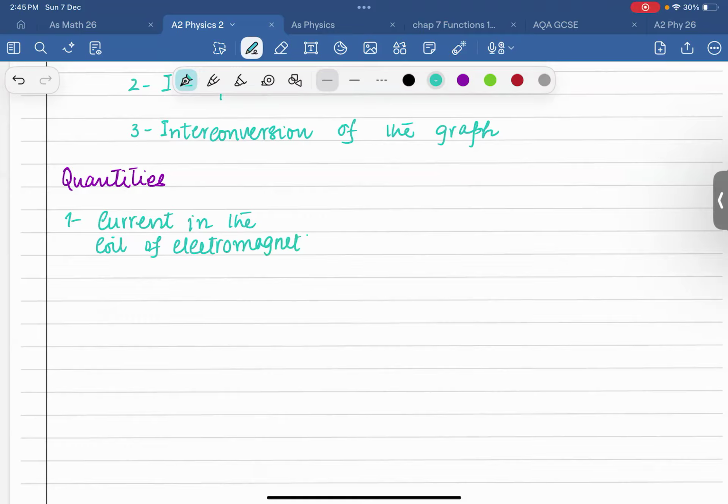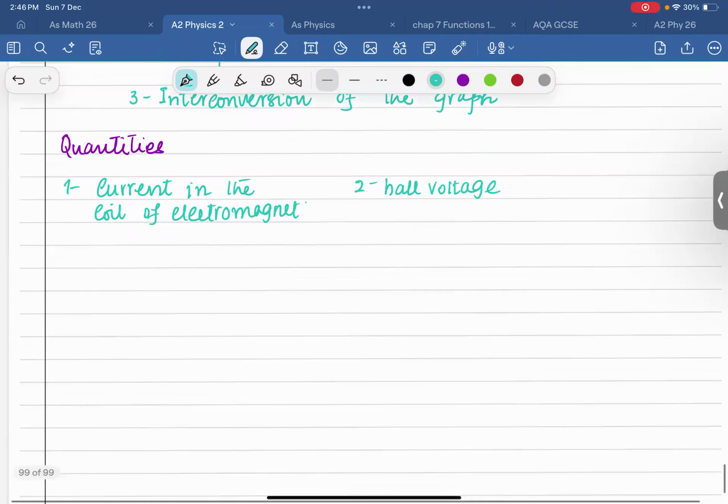This is the first thing. The second thing is the magnetic field or the Hall voltage across the Hall probe.